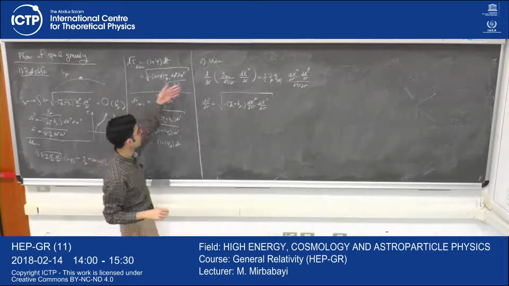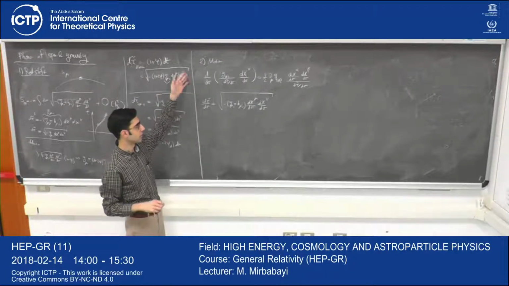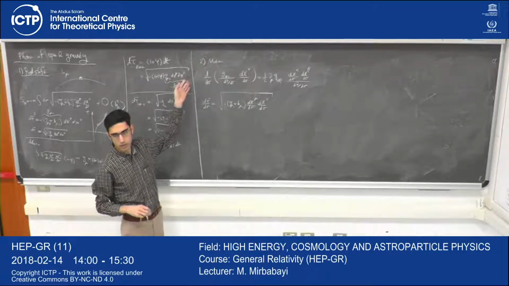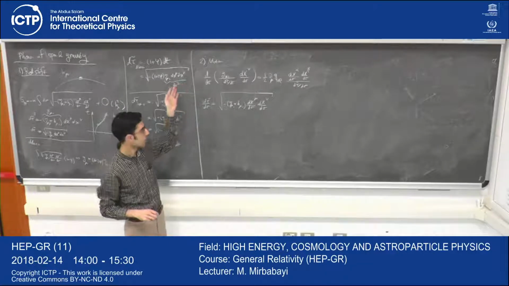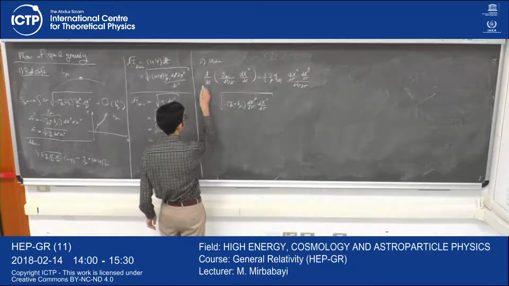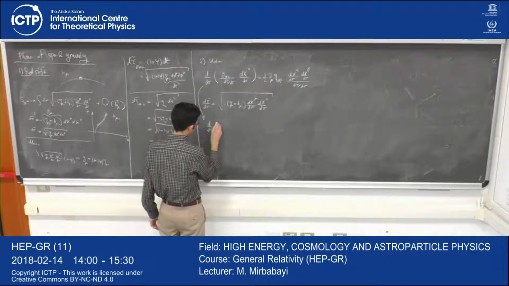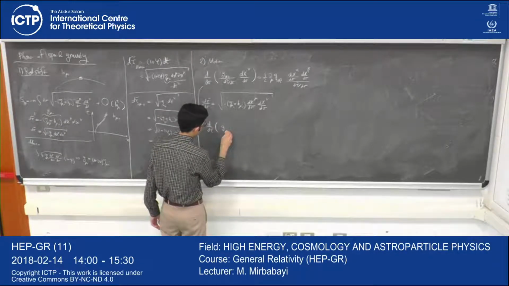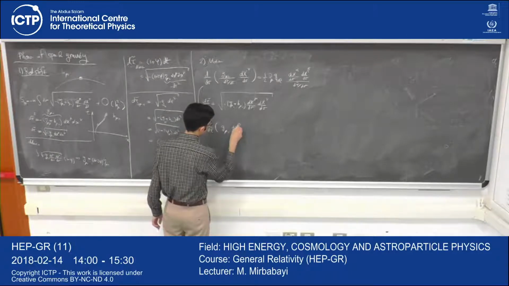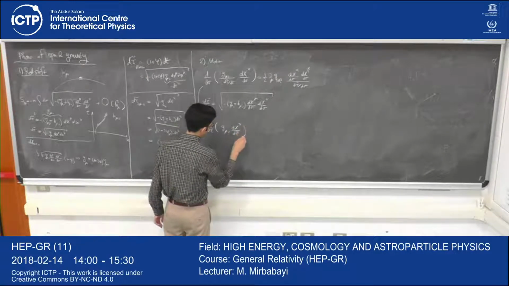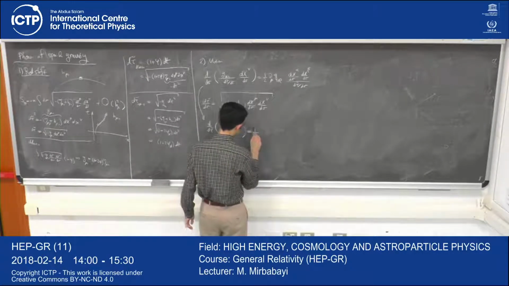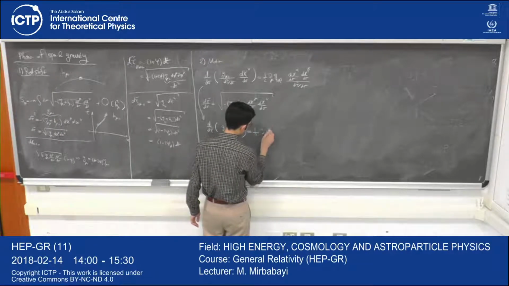So if I divide the whole thing by another factor of d tau tilde by d sigma, then this equation looks simpler. It looks like this.